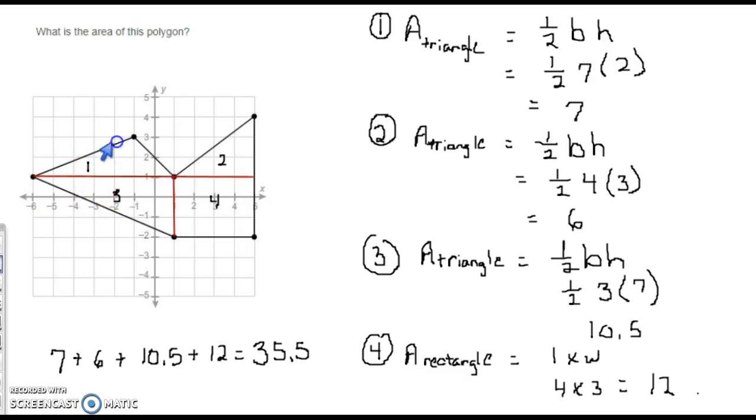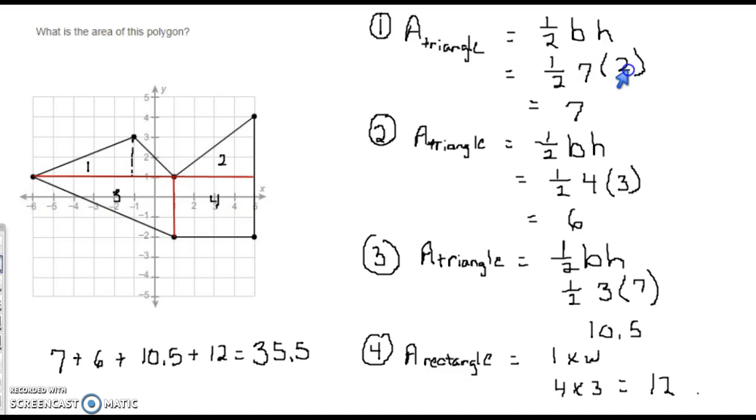So if I take a look at finding the area of this first triangle, base times the height, my base is the red, 1, 2, 3, 4, 5, 6, 7. And then remember, we have to draw in our altitude since this is not a right triangle. So my altitude here is going to be this segment right here, and that is going to be 2 units.